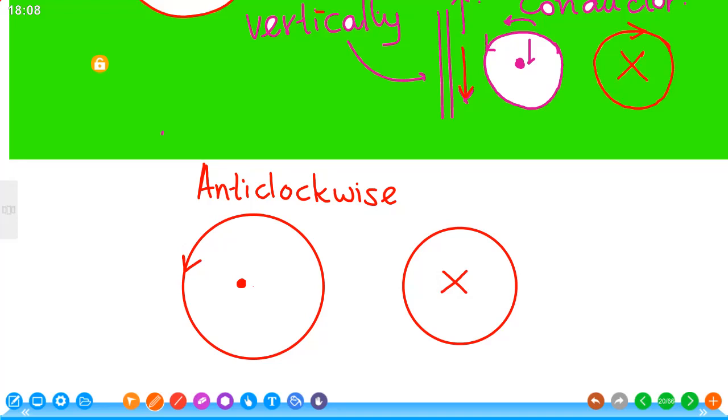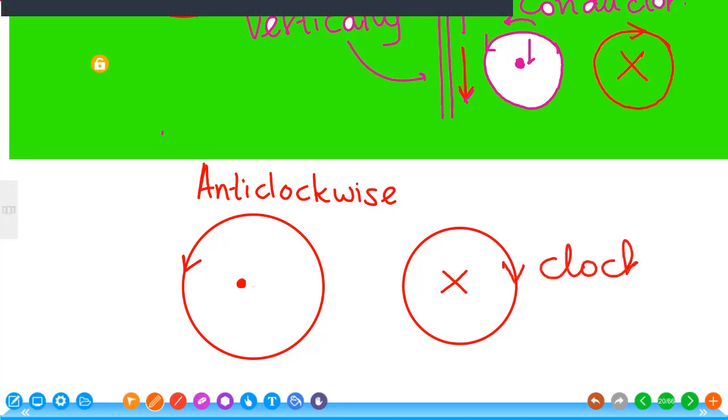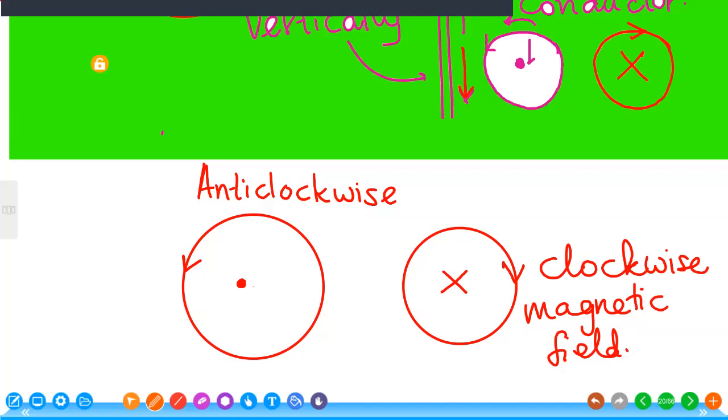By the other four fingers, you get the direction of the magnetic field. Then you can describe it as a clockwise magnetic field. So, just remember that any current carrying conductor has a magnetic field around it.